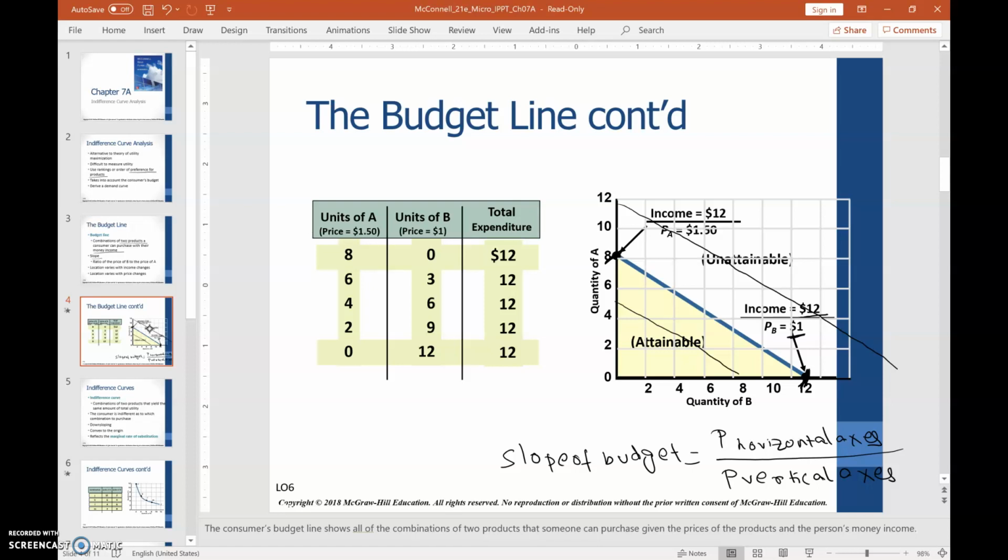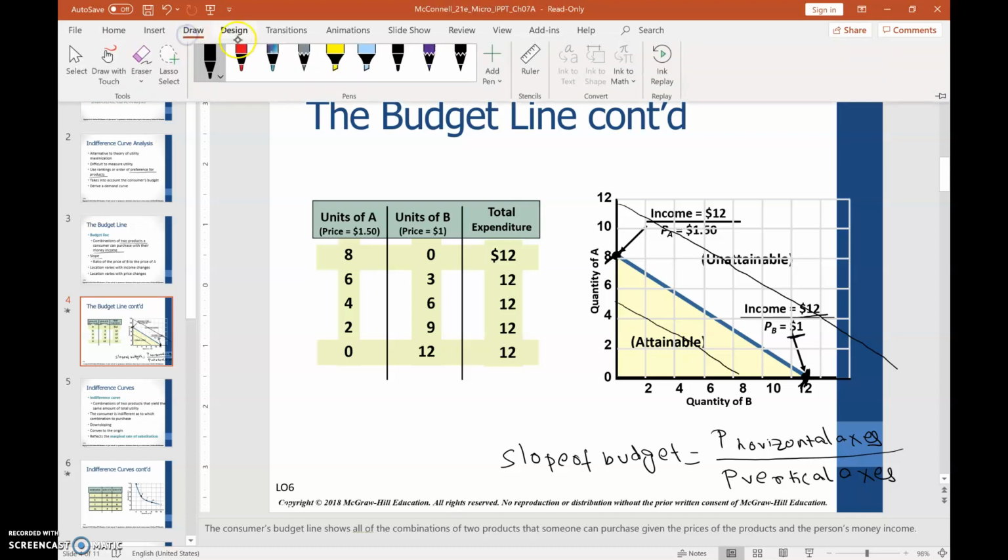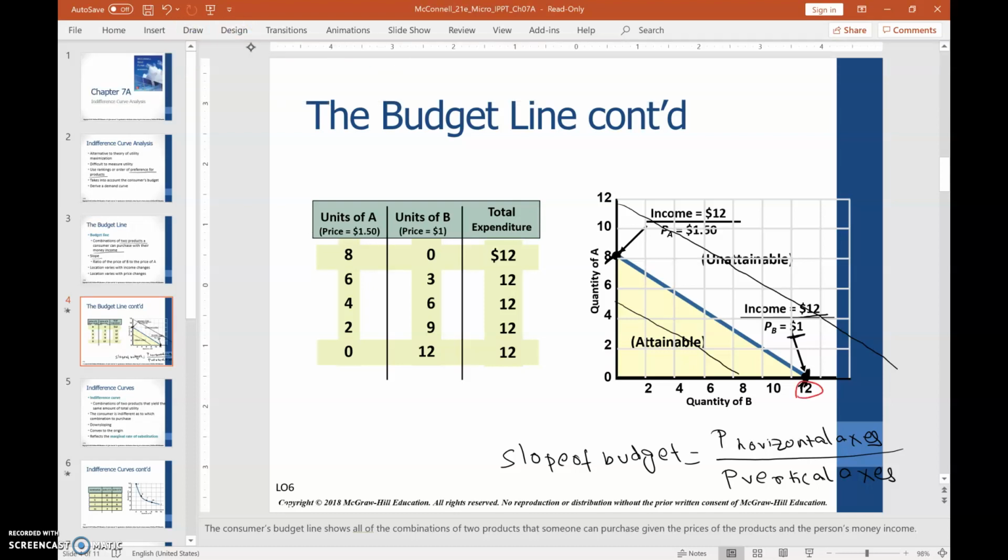That means if we are at this point here, the consumer is only buying 12 units of B and 0 units of A. If we are at this point here, the consumer is purchasing 8 units of A and 0 units of B. So this anchor point is all A, this anchor point is all B.